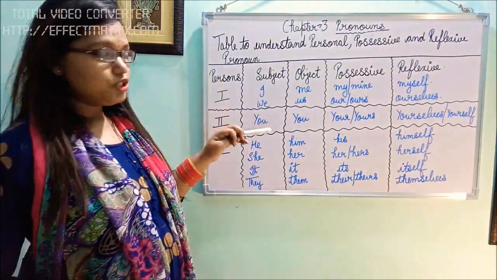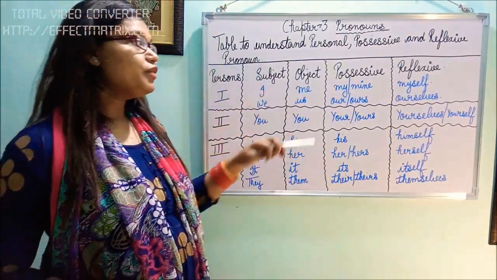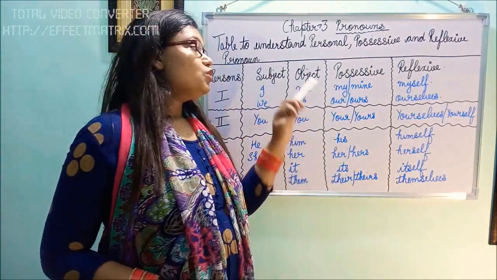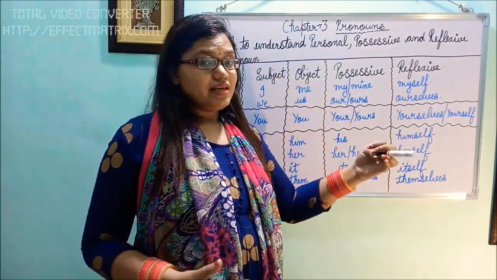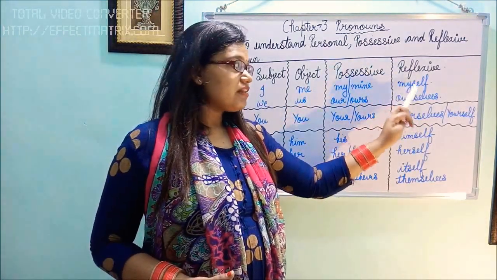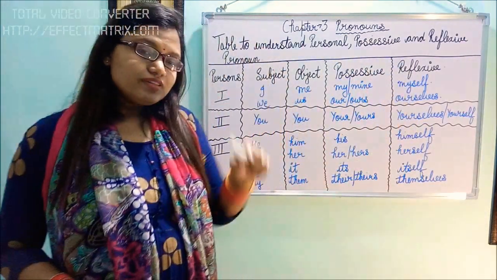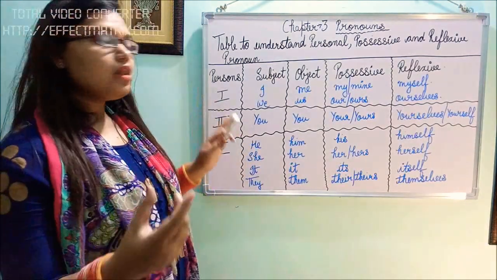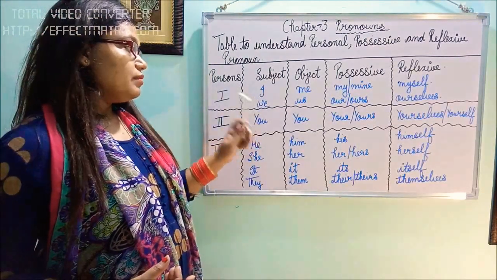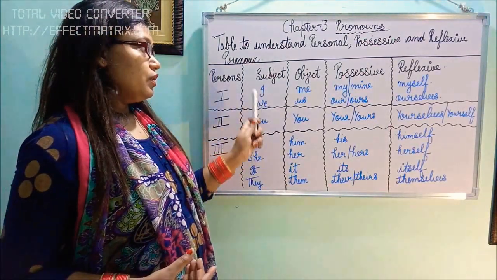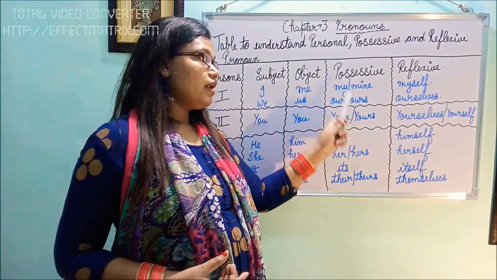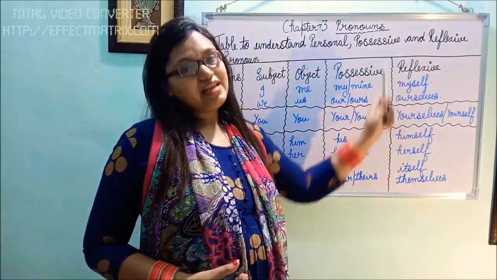To show the possession of I and me, we use the words my and mine. Understand? And similarly, to show selfness, we use the word myself, which is a reflexive pronoun. So all the 3 kinds we have discussed come under the personal pronouns. Clearly? Similarly, we is subjective, us objective, our and ours possessive, ourselves reflexive.